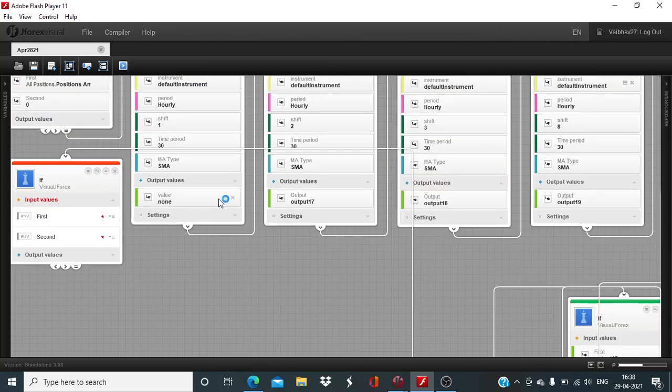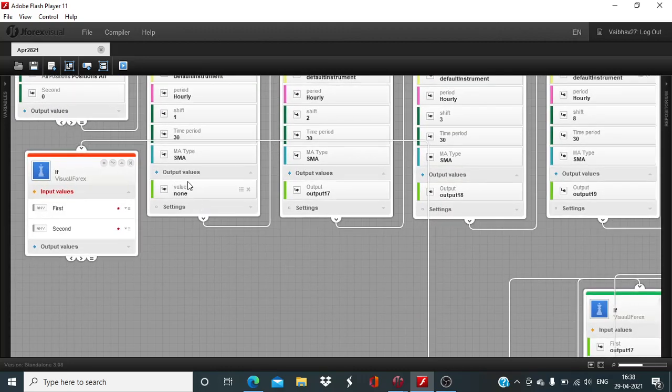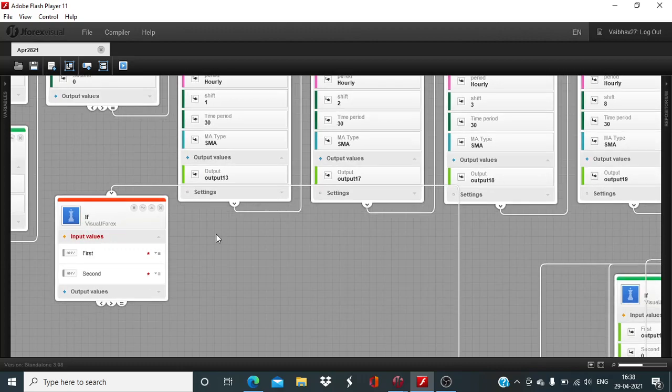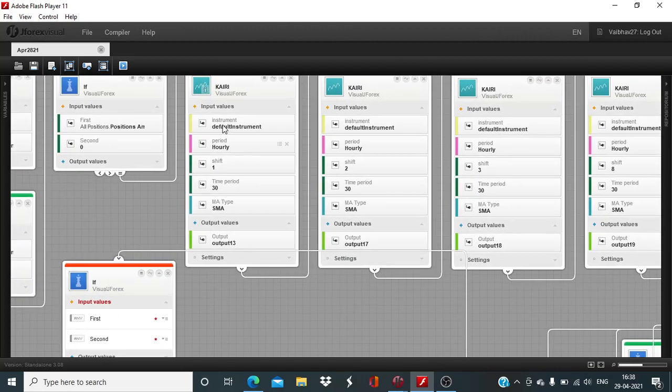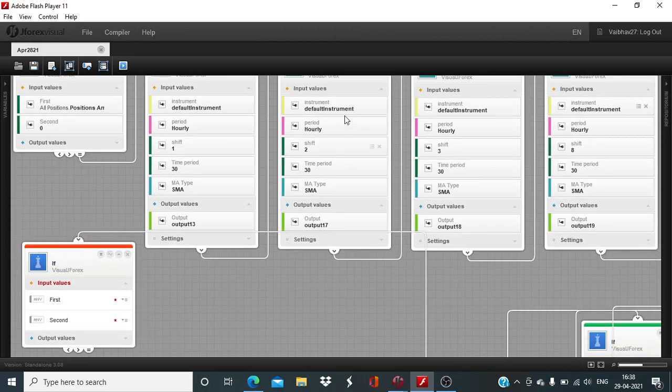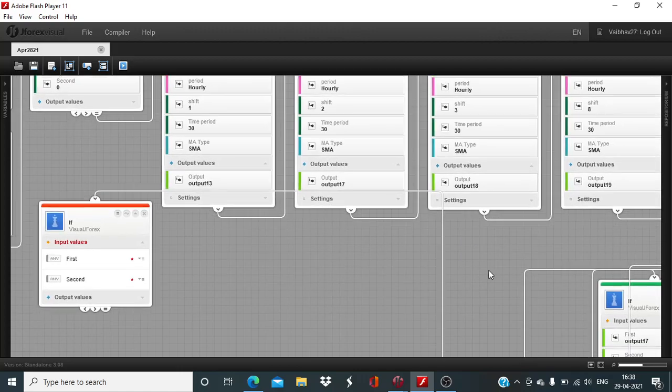And then we will have to compare these values of output 13, 17 and 18 with each other. We want the last hour's Kairi relative index value to be greater than the penultimate candle's value, and at the same time this output 17 should have been lower than the output 18.